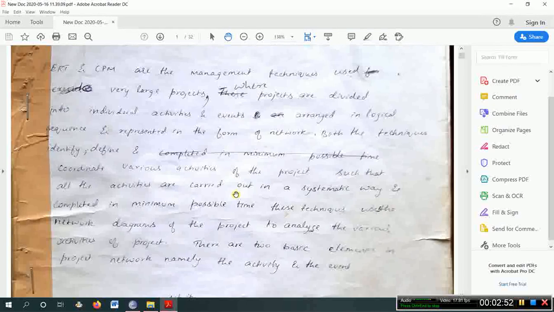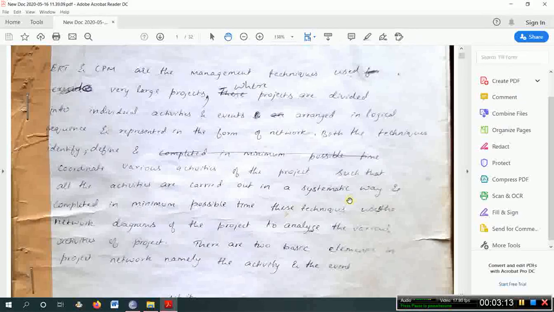The project has been divided into separate departments, and these 5 departments will form a network.